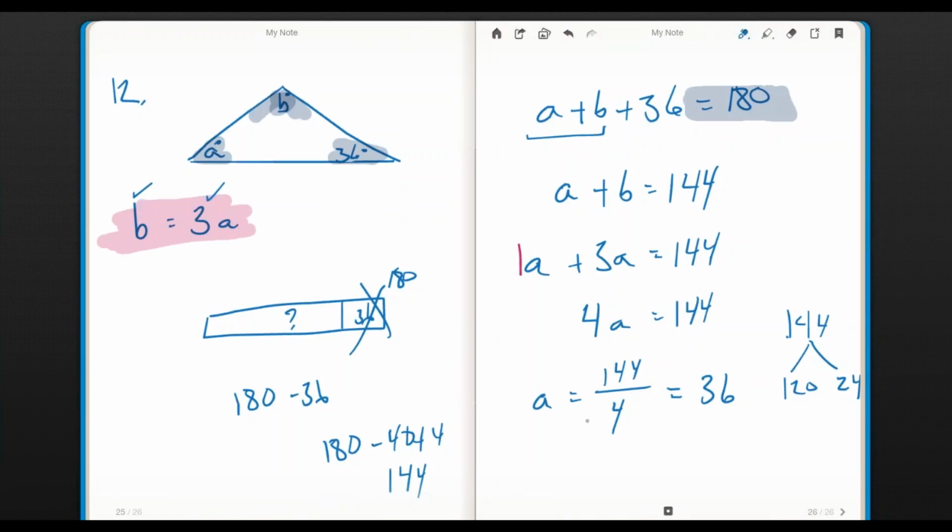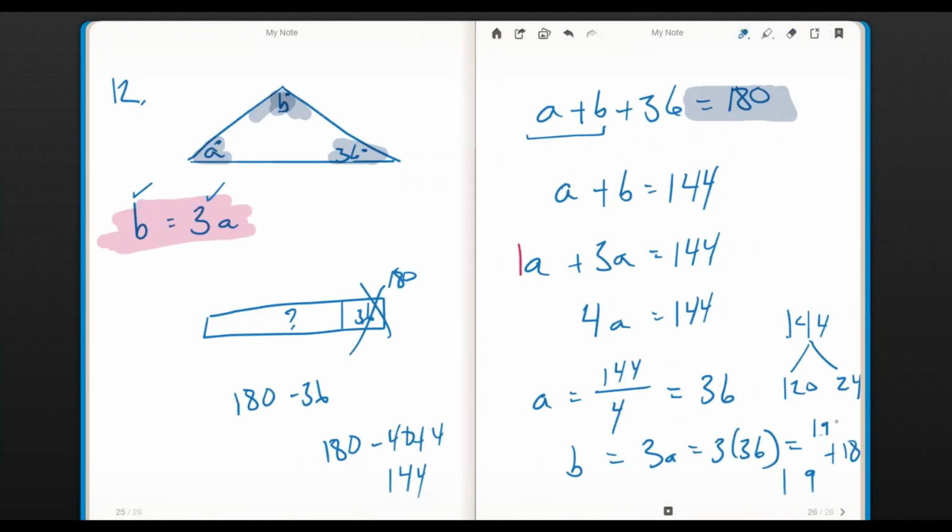The question says find the values of A and B. I know that B is 3A. That's 3 times 36. 3 30s is 180. 3 sixes is 18. I'm sorry, 3 30s, I'm getting ahead of myself. 3 30s is 90. It's not 180.